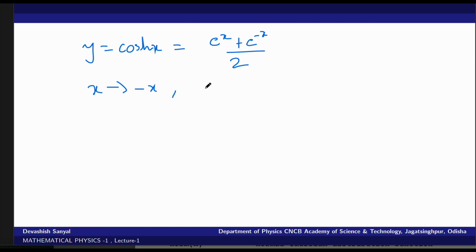So y is equal to cos hyperbolic x, which is defined as e to the power x plus e to the power minus x, by 2. Now the same thing we will do if x goes to minus x. Then what happens?